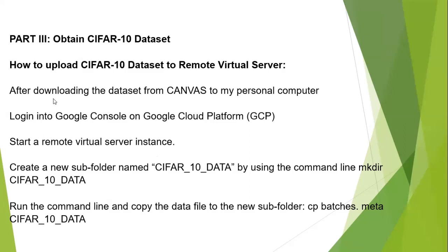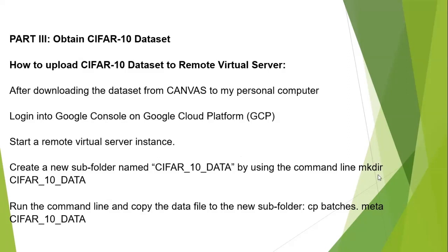So after uploading the data set on Google Cloud Platform, we start a remote virtual server instance. And then we create a new subfolder with this name, CIFAR 10 data, to upload this data set from Canvas into the remote virtual server.